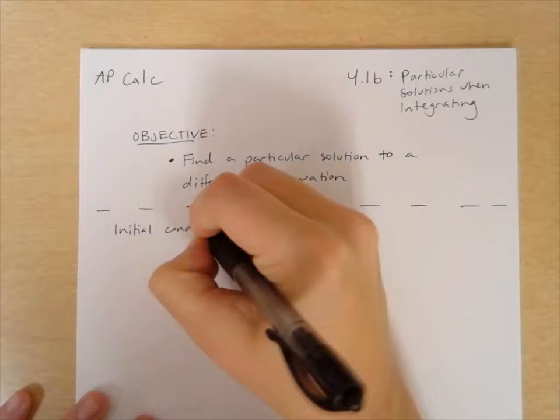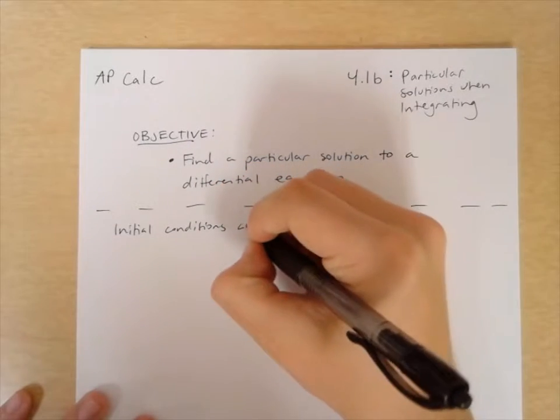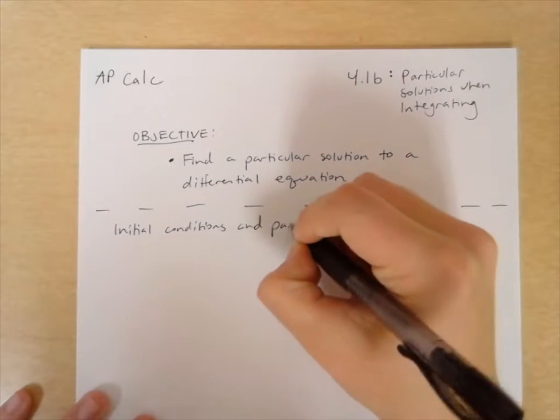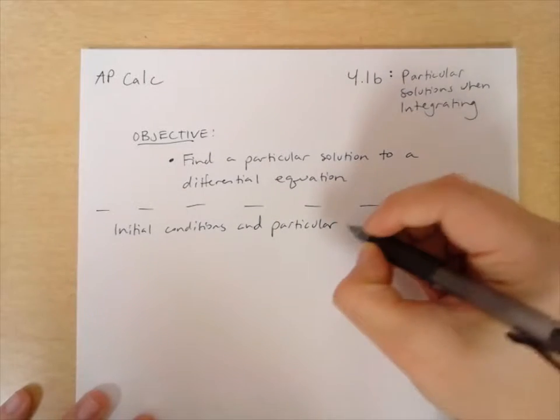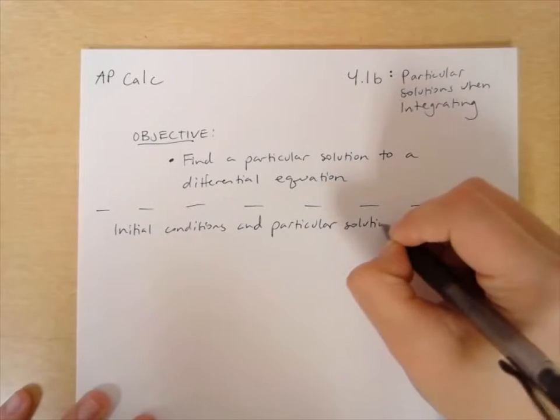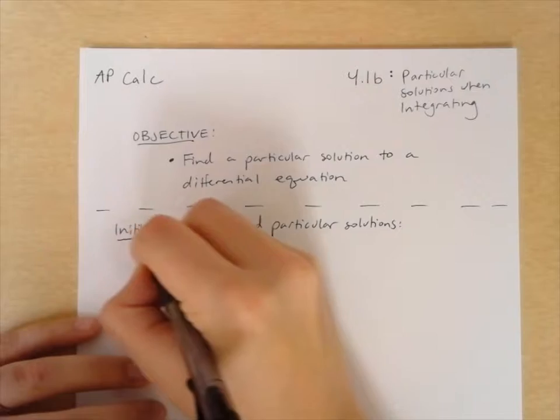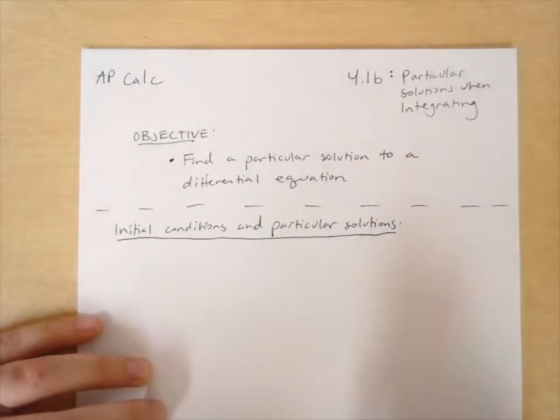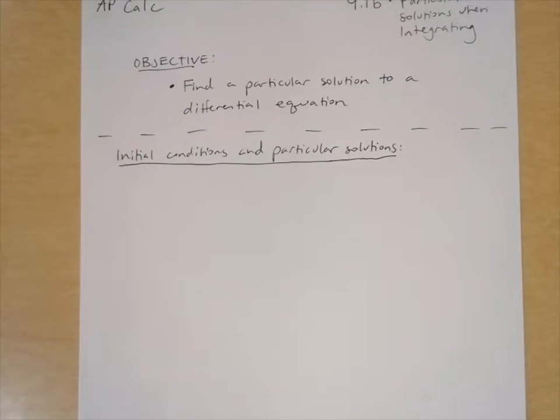Initial conditions and particular solutions. Okay. And what I'd like to do here is just bullet point some thoughts so we can make a little bridge to our next concept.